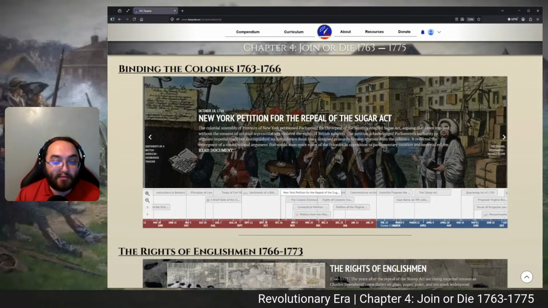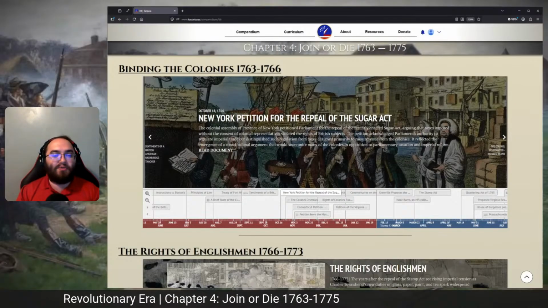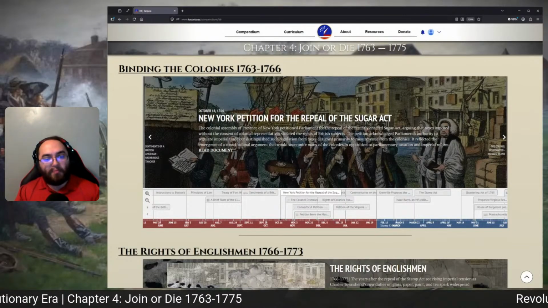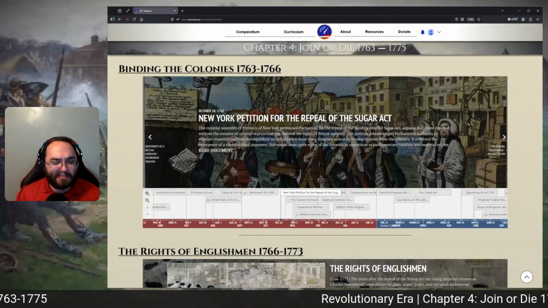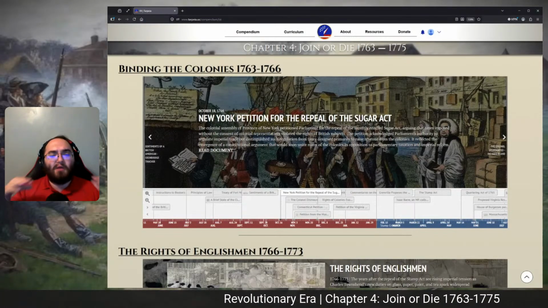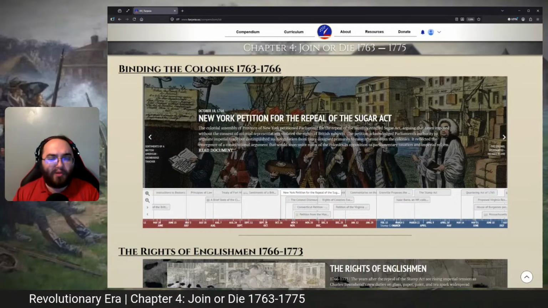And so you have that perspective in this petition, but you also have the idea of taxation without representation. That's a big common idea. Most people today, when we think of this time period, think of no taxation without representation.